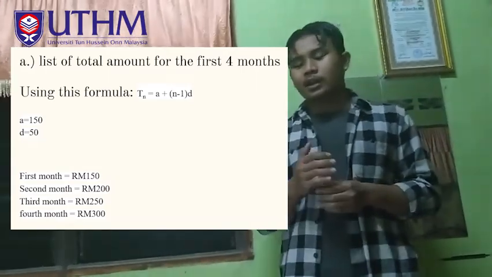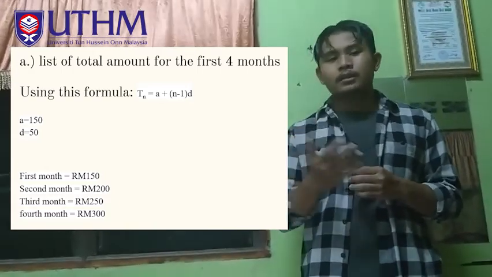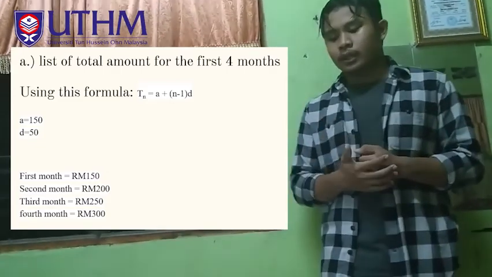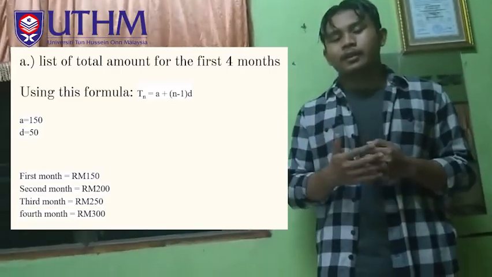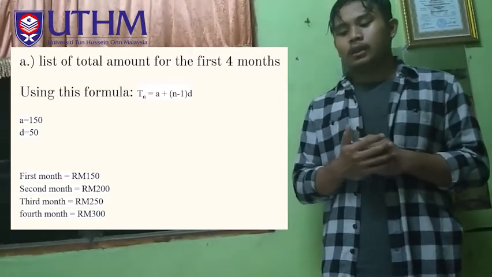So A is 150 and B is 50. The first month you get 150 ringgit, second month you get 200 ringgit, third month you get 250 ringgit, and fourth month you get 300 ringgit.